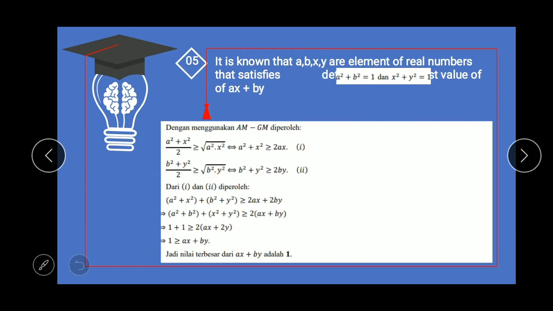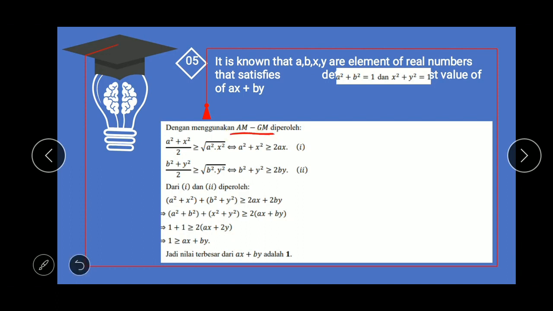And then we move to the last question. It is known that a, b, x, y are real numbers that satisfy a squared plus b squared equal to 1 and x squared plus y squared equal to 1, and determine the greatest value of ax plus by.